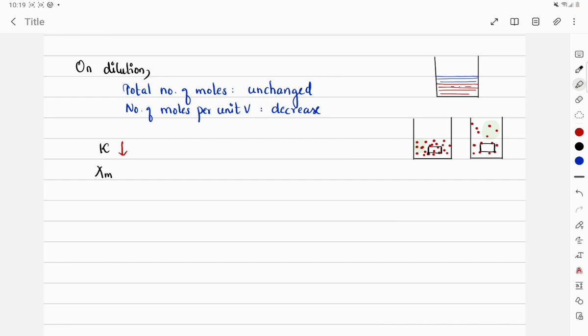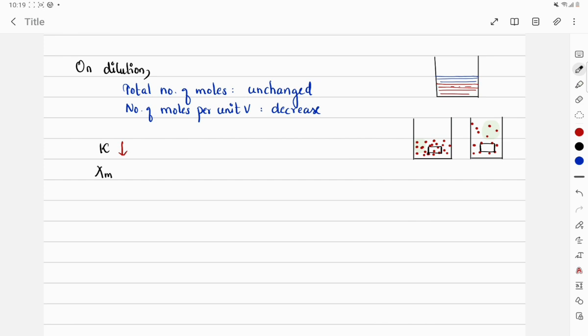Because during dilution, whichever solvent you're using is going to take up some space. The 1 mole of the electrolyte is actually being scattered. Now you have to consider a large volume to get that 1 mole. So what happens to the ions? Since you're considering a large volume, your ions now have more space to travel. More space to travel means their mobility has been increased.